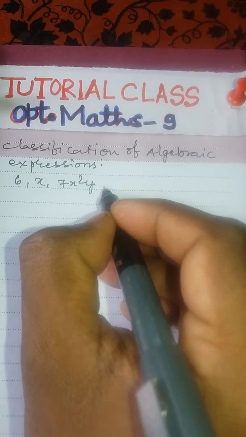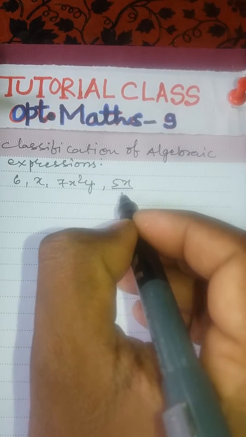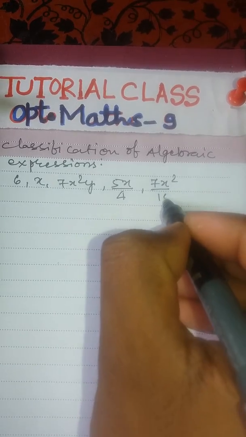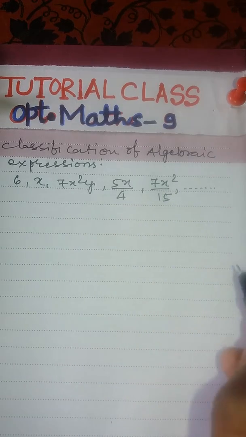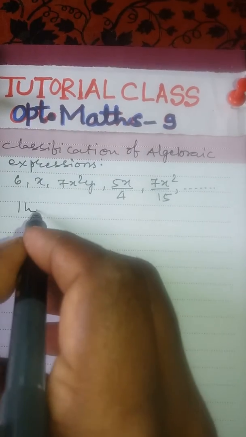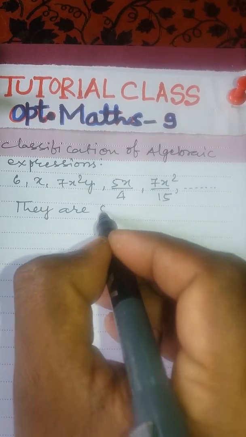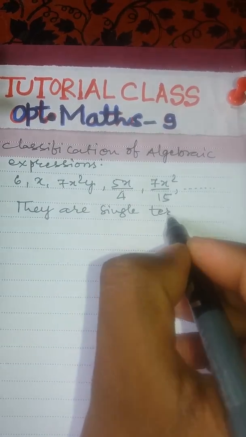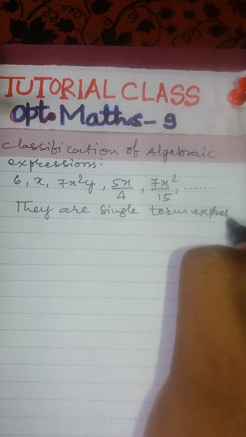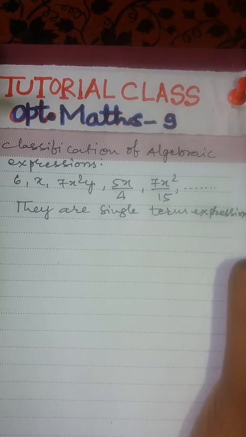For example, 6x, 7x square y, 5x by 4, 7x square by 15. These are algebraic terms, also known as one term expressions, single term expressions.